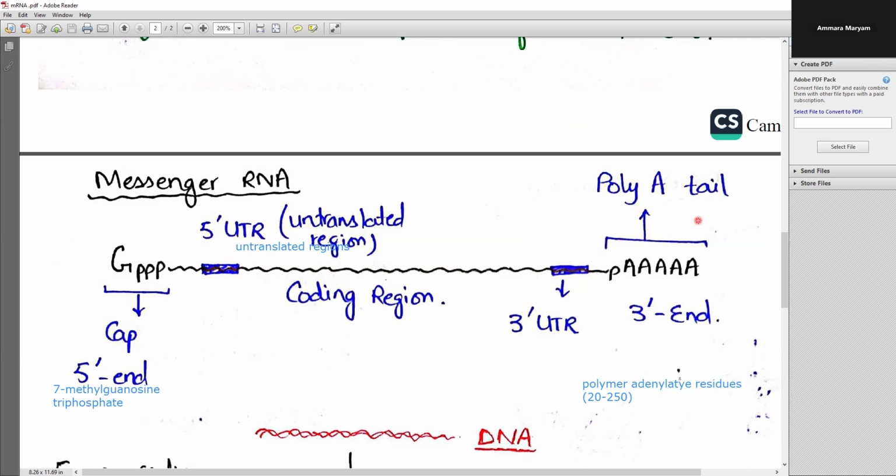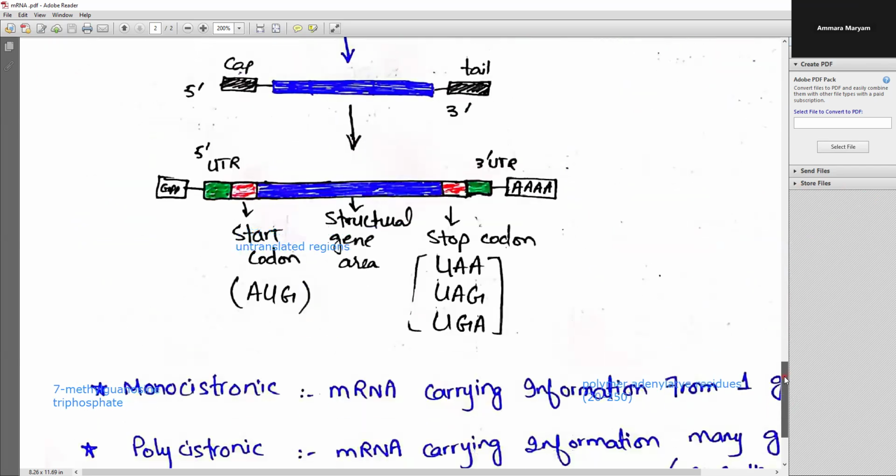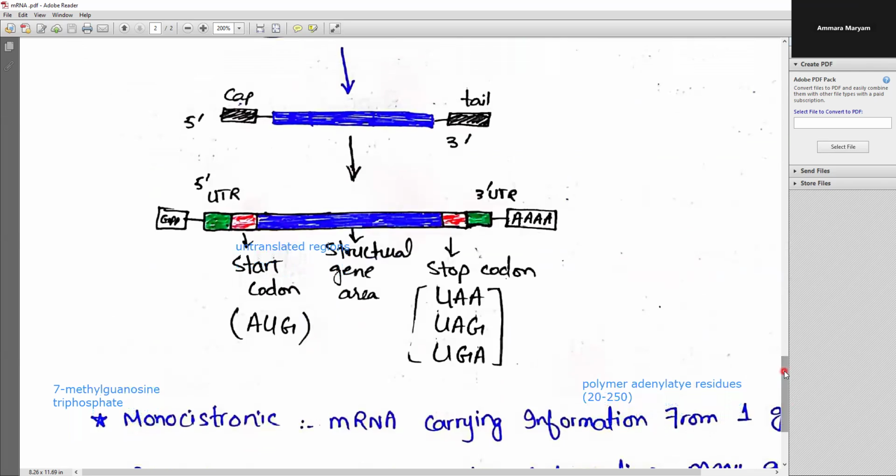Now basically the messenger RNA, basically जो gene है उसको हम क्या कहते हैं, this is equal to the gene. So if we write that one cistron, see one cistron basically is equal to one gene. So if this messenger RNA is basically carrying the information from one particular cistron, one gene, तो उसको हम कहेंगे this is monocistronic.